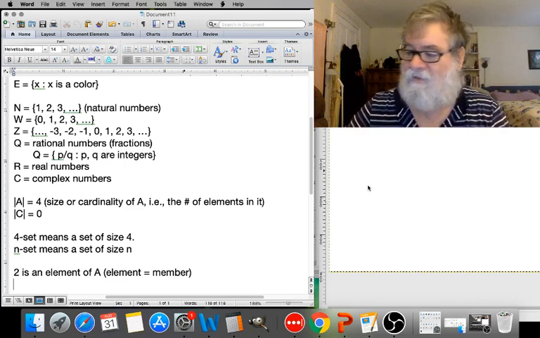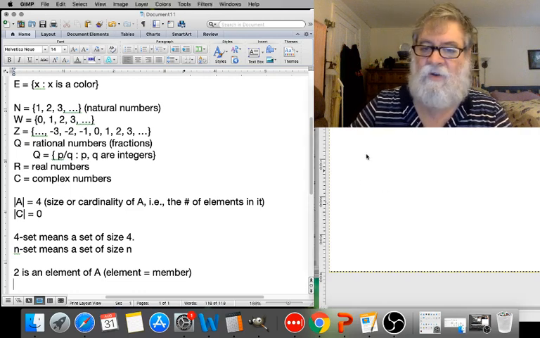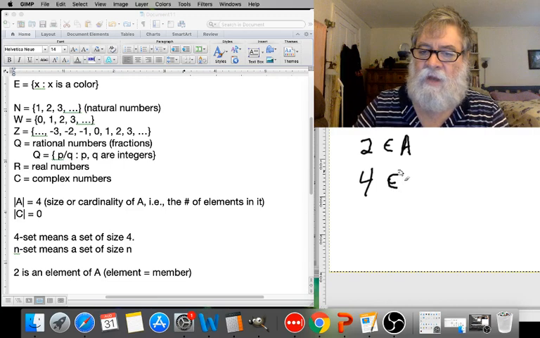My tablet's not very sensitive here. So if I want to say 2 is a member of A, I'd say 2, and then the is-an-element-of symbol, which looks like an E. 2 is an element of A. If I wanted to say 4 was not an element of A, I would say 4 is not an element of A.